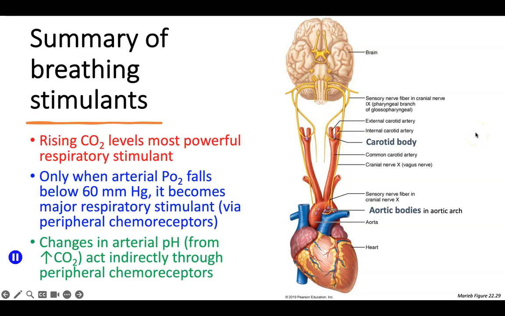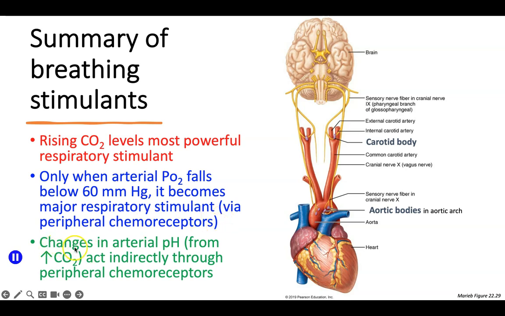So here is a little summary of those stimulants of breathing. Rising carbon dioxide levels are by far the most powerful respiratory stimulants under normal conditions. Only when arterial oxygen levels fall below 60 millimeters of mercury does that oxygen become a major respiratory stimulant, and it's going to act via those peripheral chemoreceptors.